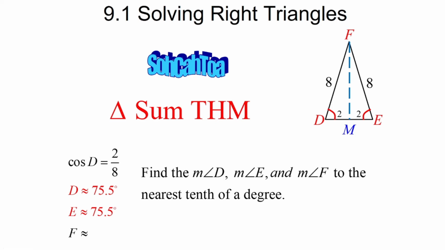So that means angle F would have to be 180 degrees minus the 2 75.5 degree angles. So I'm going to go 180 degrees minus 2 times 75.5 degrees, and 2 times 75.5 would be 151. 180 minus 151 degrees would give me 29 degrees. So the vertex angle, angle F, of this isosceles triangle is 29 degrees. Oh, good stuff.